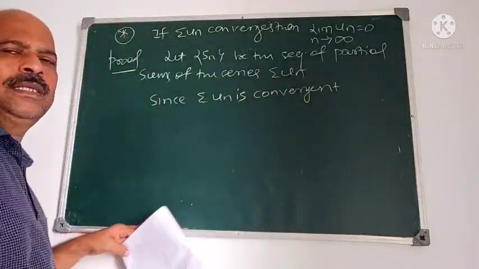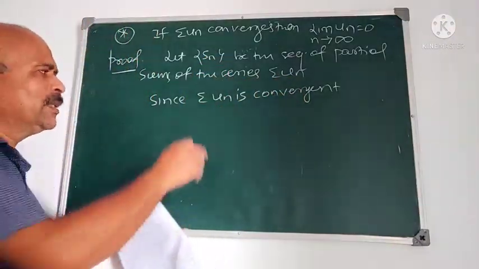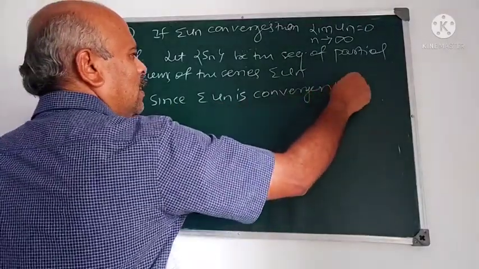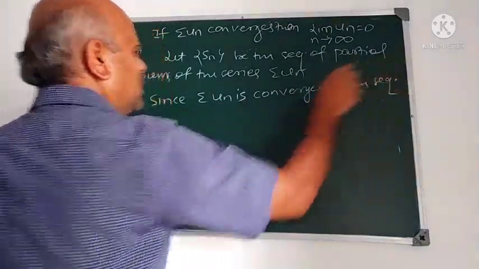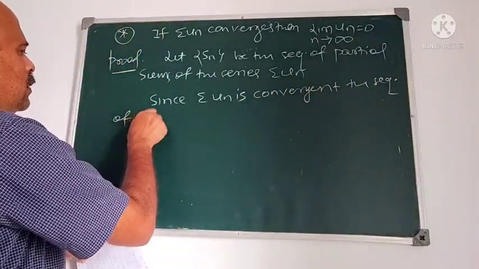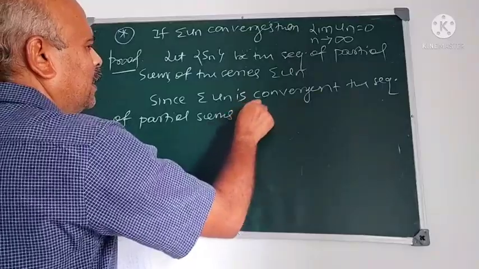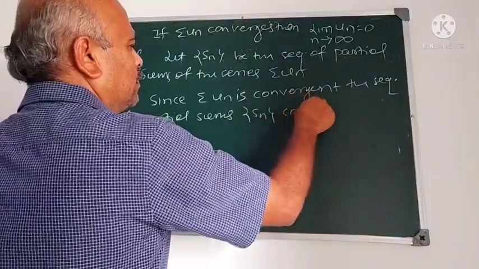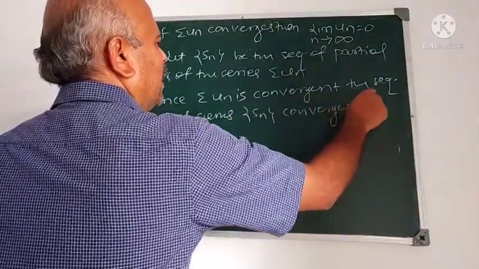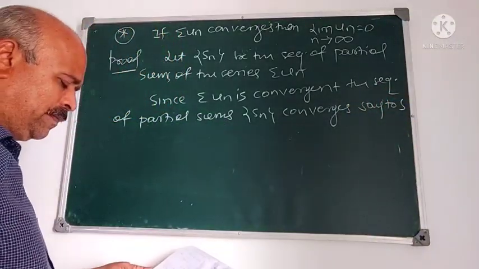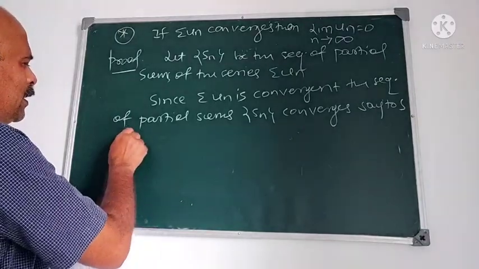When do you say that a series converges? If the sequence of partial sums converges. Since sigma un is convergent, the sequence of partial sums Sn converges, say to S. Consider Sn minus 1.